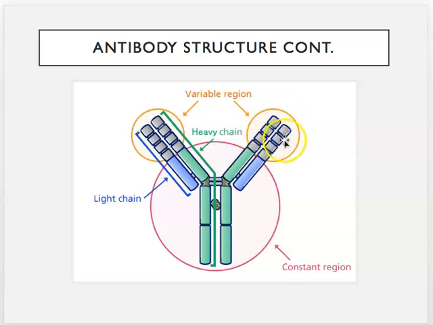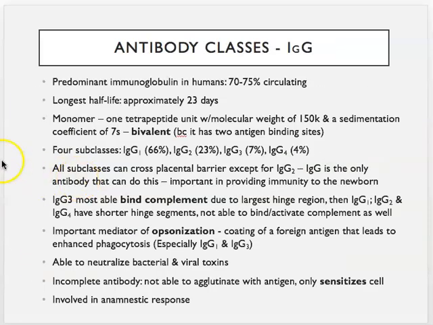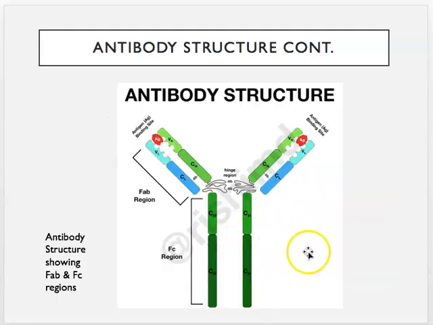So that portion is going to be specific to the antigen. But the heavy chain and the light chain, heavy chain on the inside, light chain on the outside, this is the constant region. And here you can see where they're talking about the Fab and the Fc, and the hinge here.